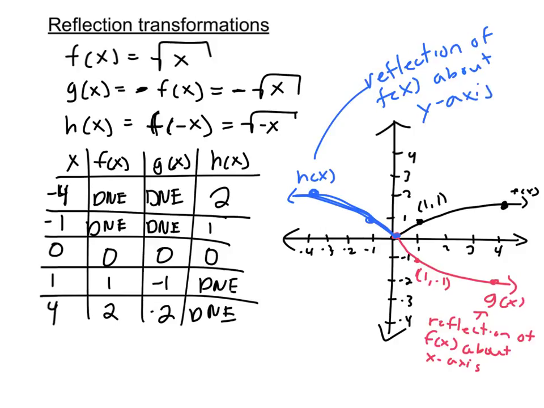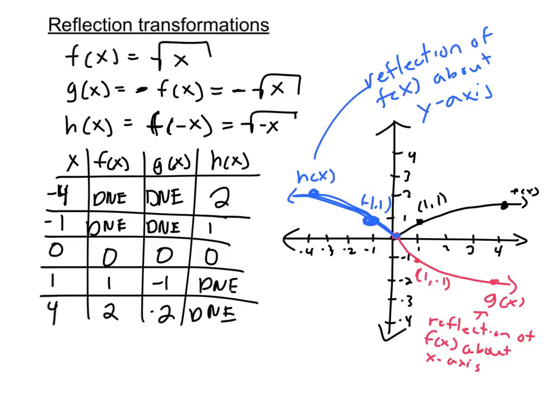If you had a point on f of x, say (1, 1), and you wanted to get what it is in h of x, oops, I wrote that point wrong. It'd be (negative 1, 1). So that's what this point here is. You change the sign of the x-coordinate.